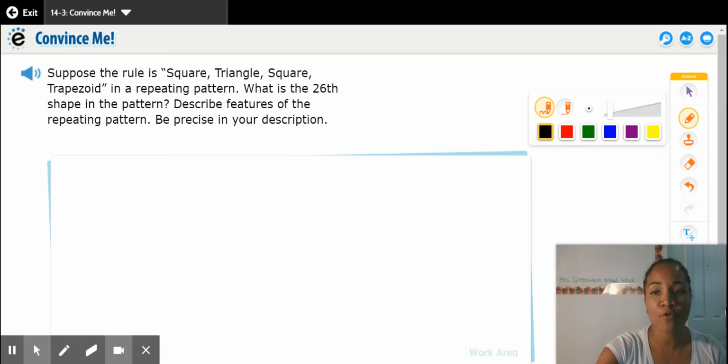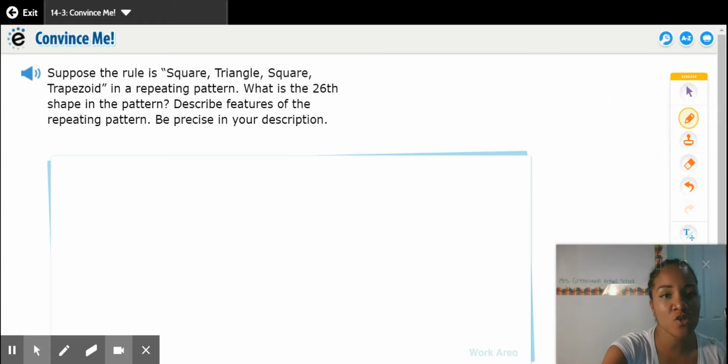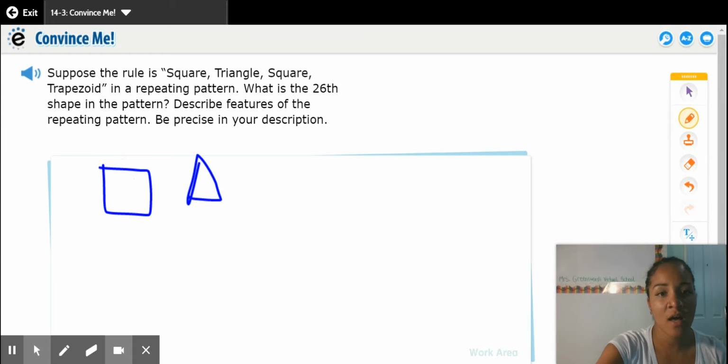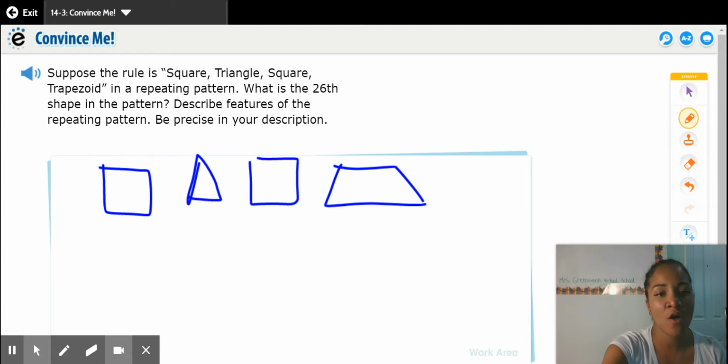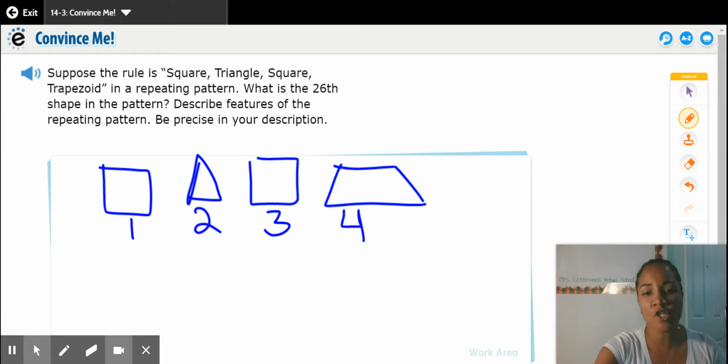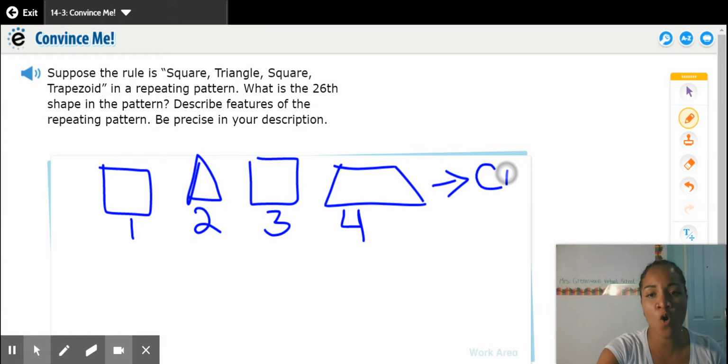So our core group is a square, a triangle, a square again, and a trapezoid. And that's our core group. So we have 4 core shapes, 1, 2, 3, 4. Remember we talked about it being the core shape? This is the core group.